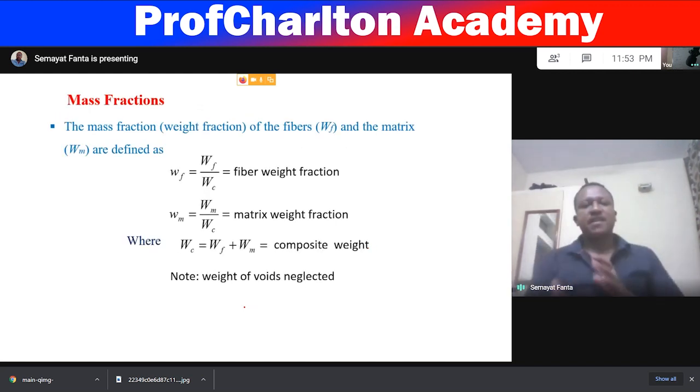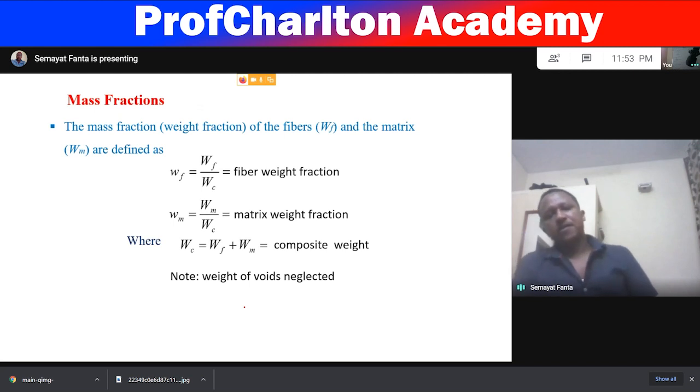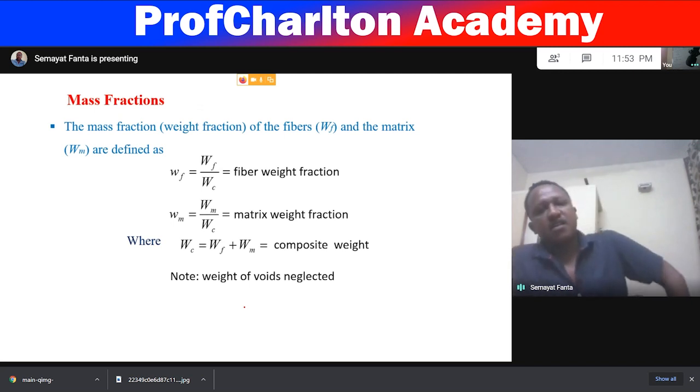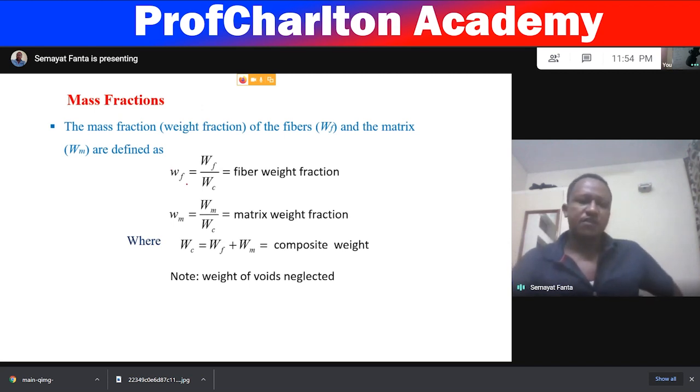Now mass fraction, this is another thing. The mass fraction is also represented in terms of the fiber weight fraction, matrix weight fraction, composite weight. So weight fraction of fiber is equal to weight of fiber over the total weight of composite.